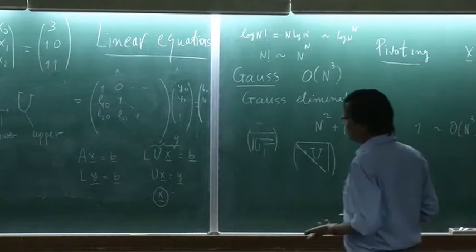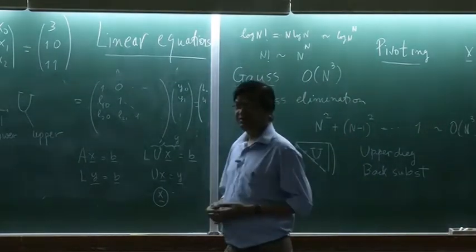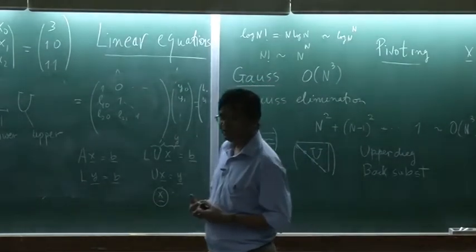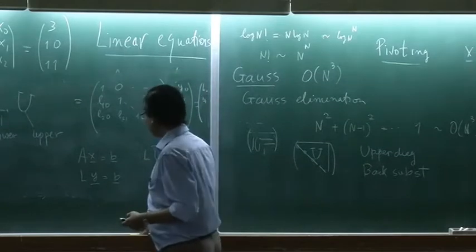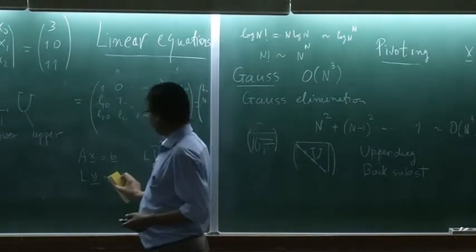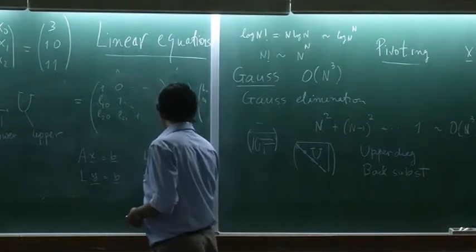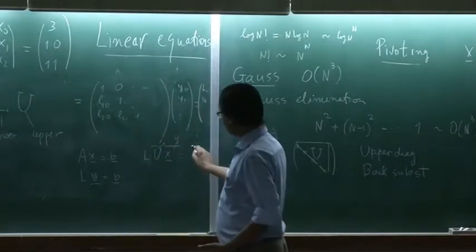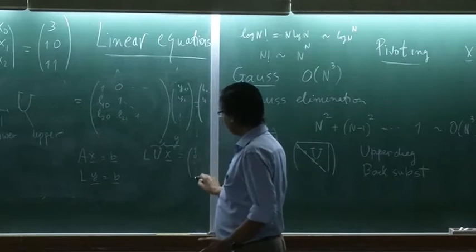What about A inverse? Given L and U, can you compute A inverse? That is right. So B I have to choose properly. What kind of B should I choose? To get the first column of A inverse, I should choose just 1 0 0.